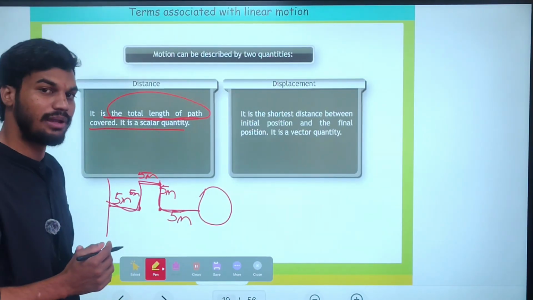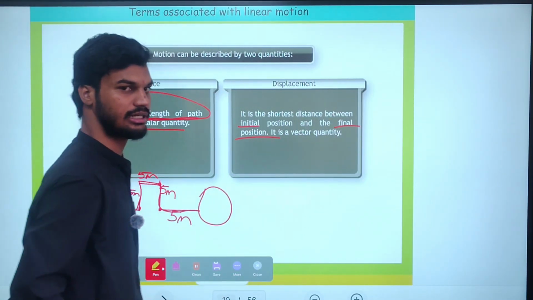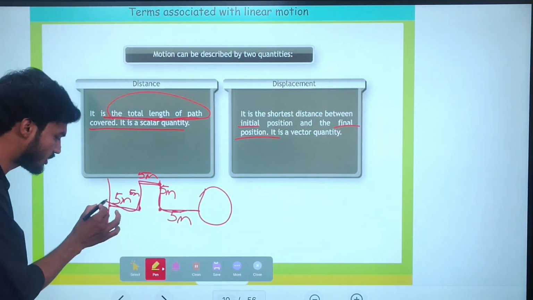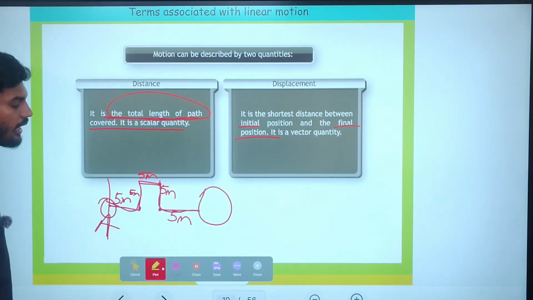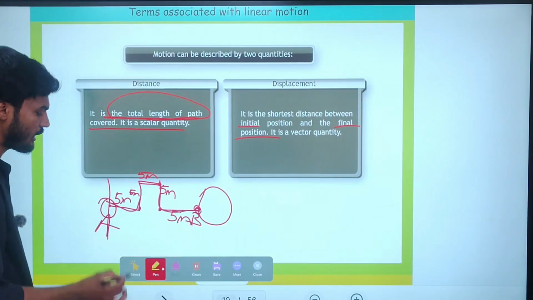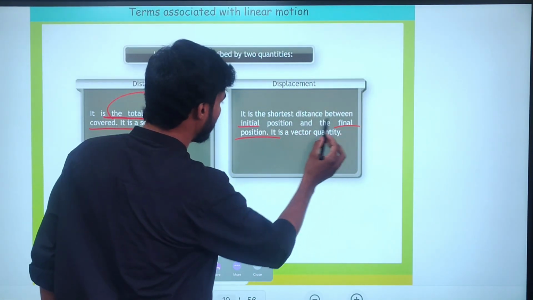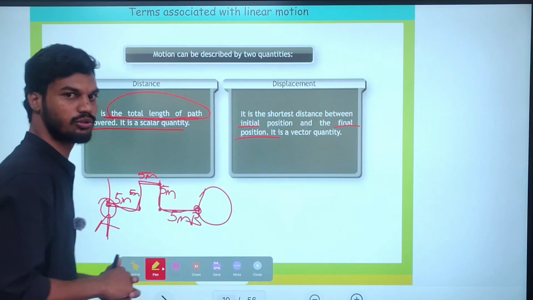But coming to displacement, what is given? The initial position and the final position. Initial means the starting position. Look here, the boy started here and ended at the school. So it is the ending position and the starting position. Simply, it is the shortest distance between the initial position and the final position.